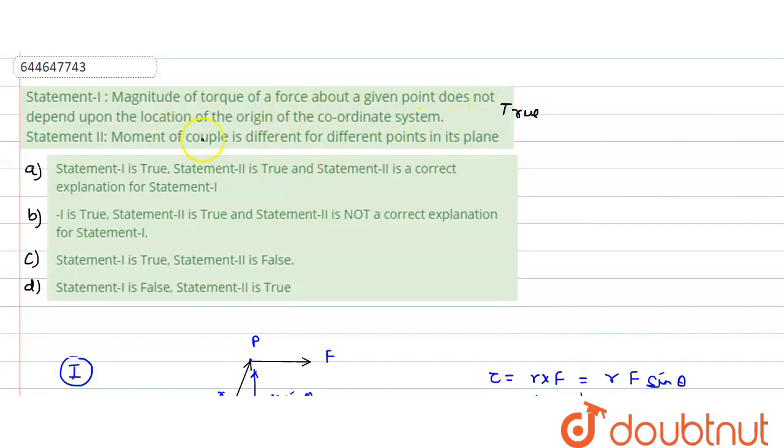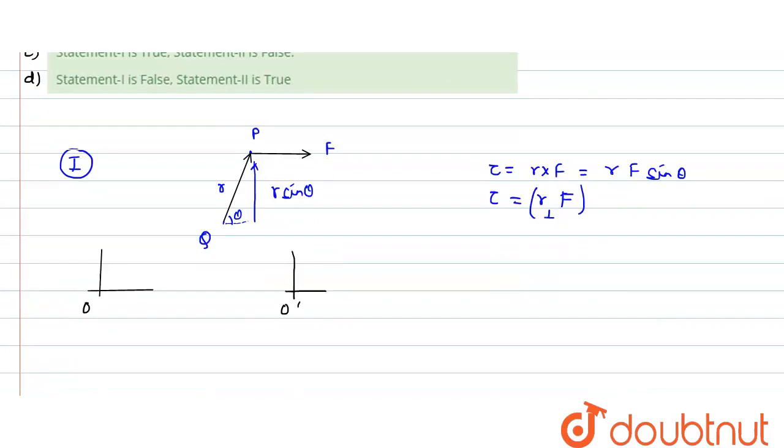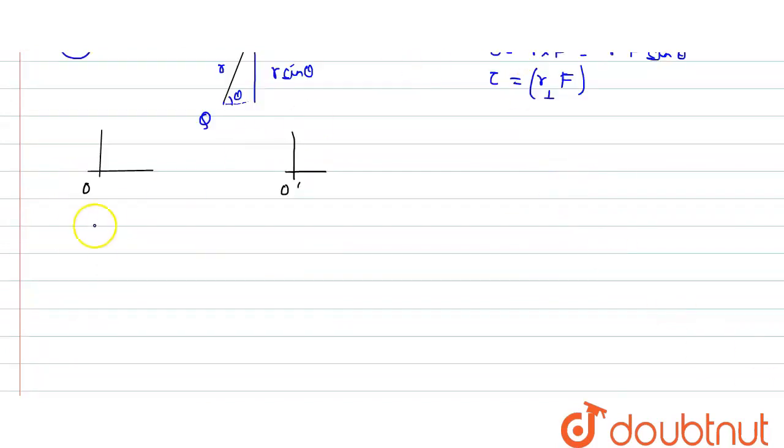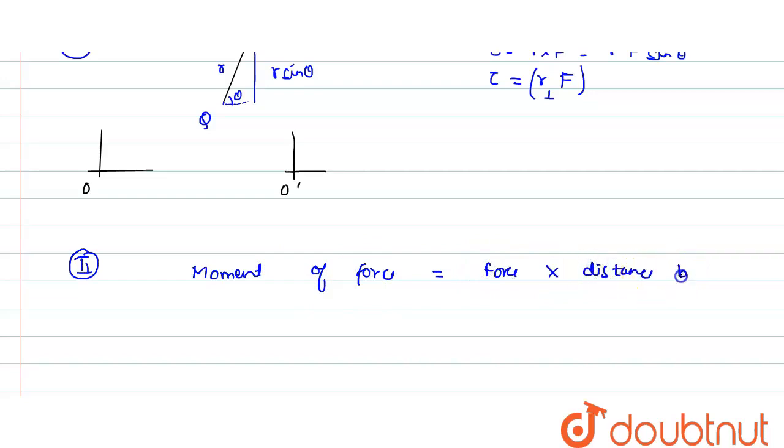Now the second statement: moment of a couple is different for different points in its plane. No, this is wrong. How do we get the moment of a couple? It is equal to force multiplied by the distance between the two forces.